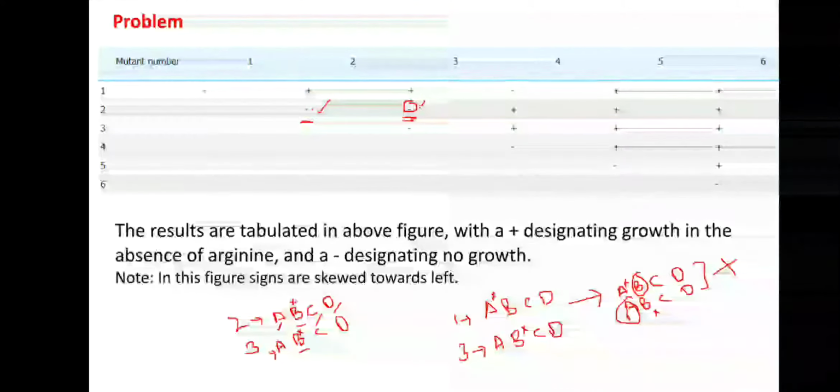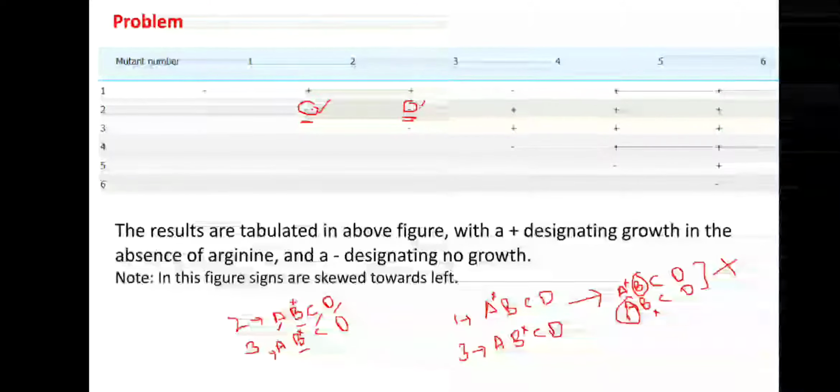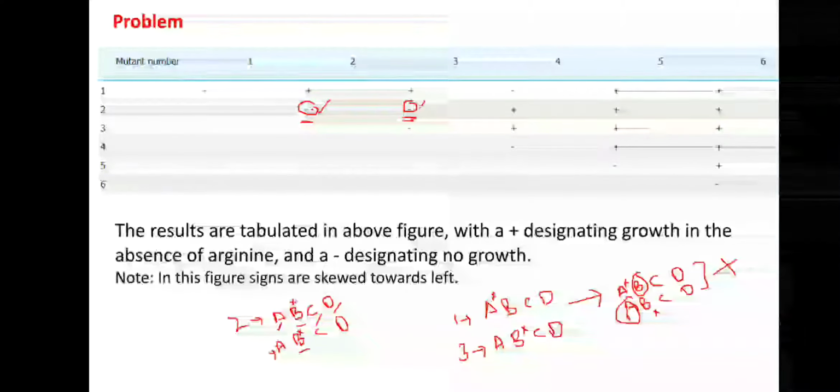Here a negative sign means that the second number mutant was mated with the third number mutant, and the mutation was in the same gene. When they were mated, the mutation was in B, so the prototrophic state was not retained; it was in the negative state, the auxotrophic state.